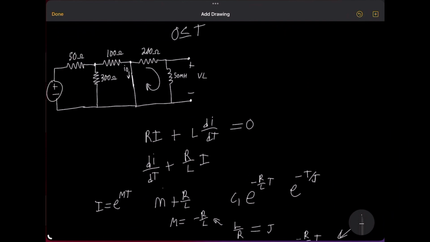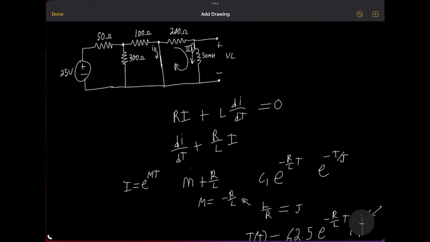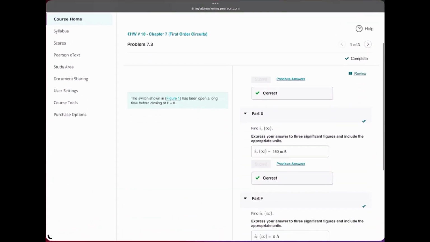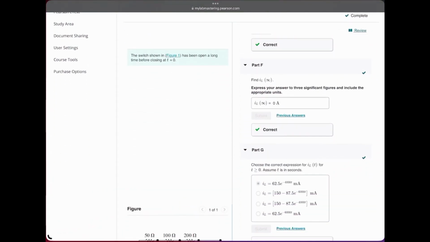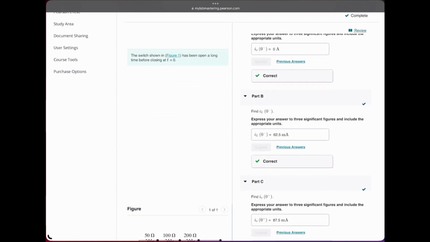Okay, and that's going to be our I as a function of time. I of t was what we're going to call it. Looks a little messy up there, but anyhow. Now, let's write a formula, because I think one of the questions asks, what is I of 0 to the right?